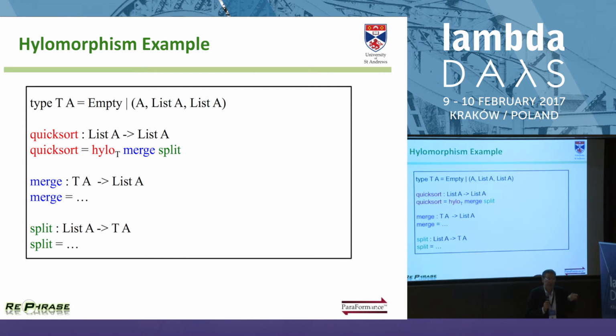So you've got the pivot, you've got a left sublist and a right sublist, left sublist type list of A, right sublist also a list of A. Then we can define a quick sort to be a hylomorphism of a merge and a split, where the merge is going to take the result of the sort and put things together. And the split is going to start off with our original list and split it down so we've got the pivot and the two sublists. Now we've completely defined a quick sort algorithm just using a hylomorphism. Cool.